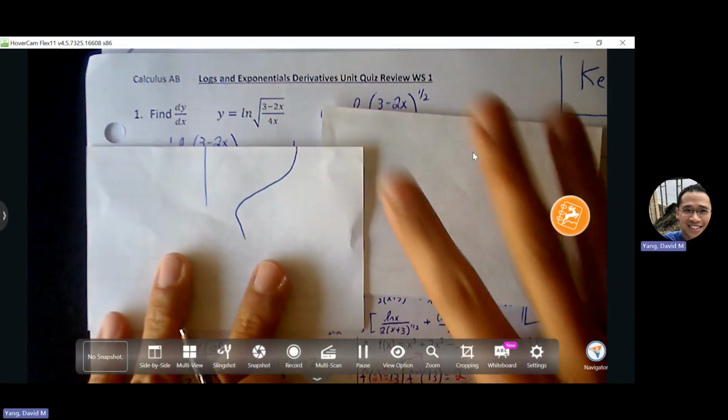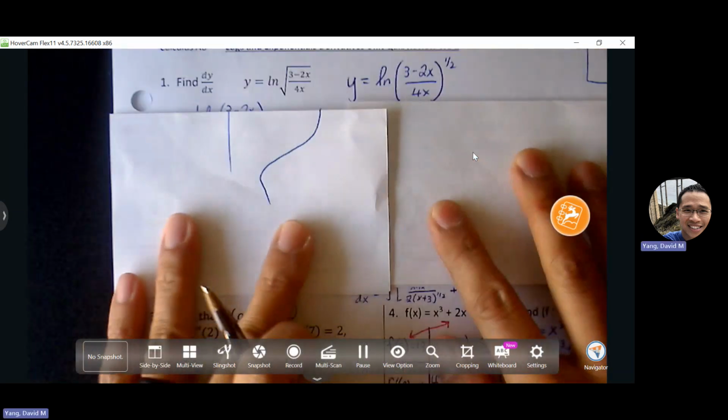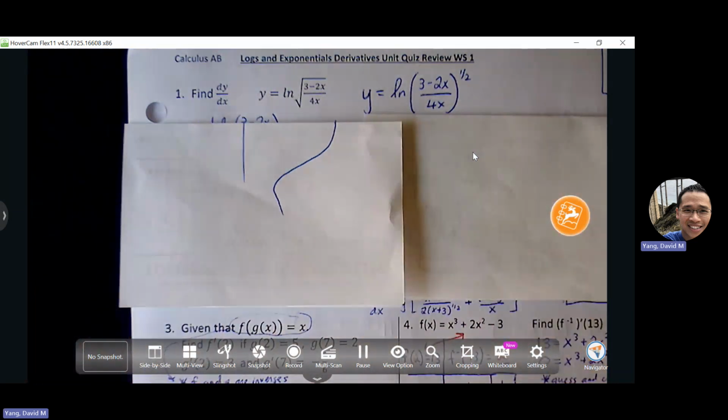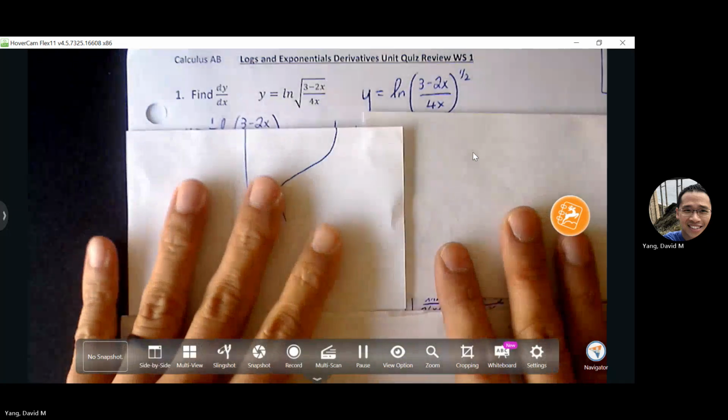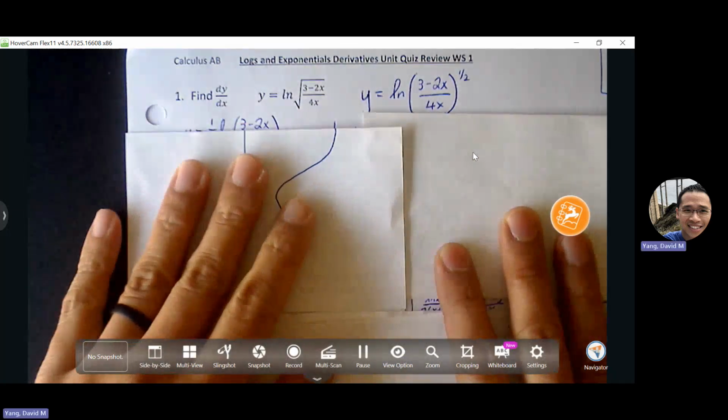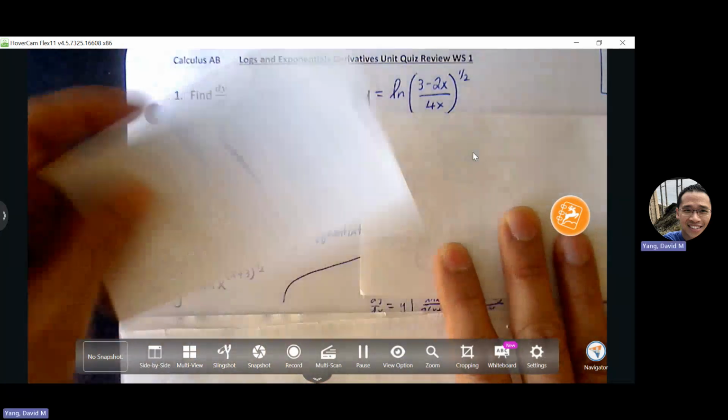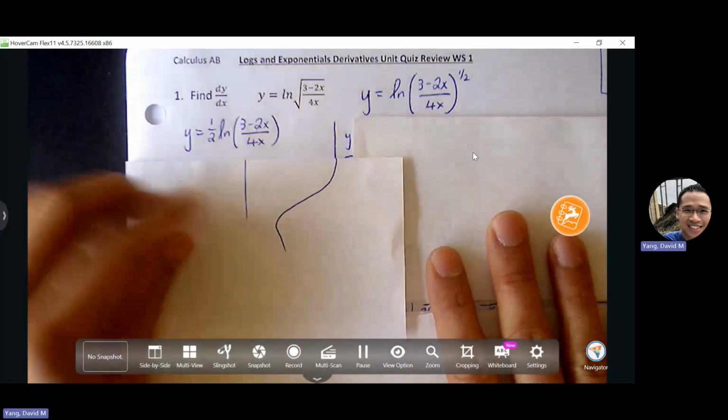Okay, so first we rewrite with rational exponents, right? That square root becomes parentheses to the 1/2. And then we can bring that 1/2 down in front because that's the power property.